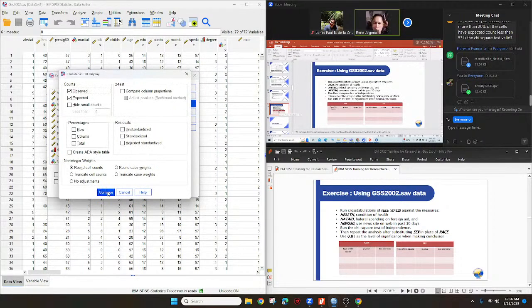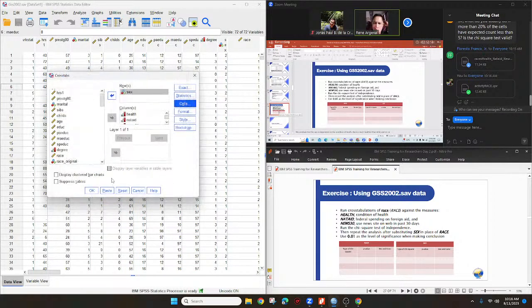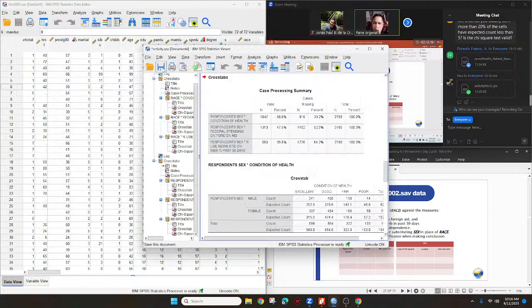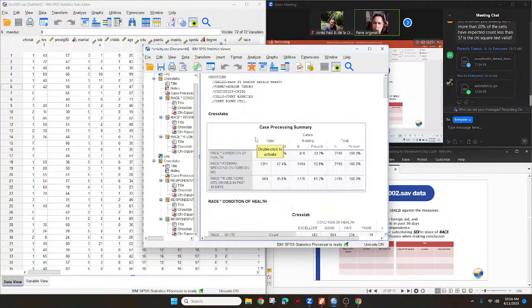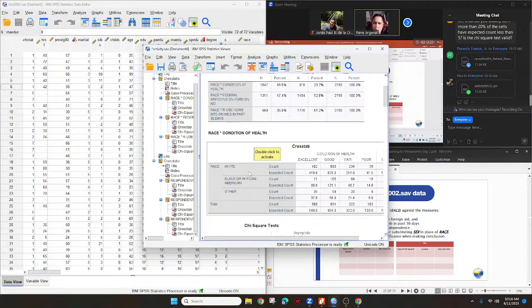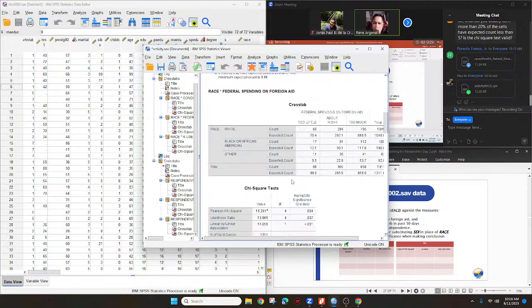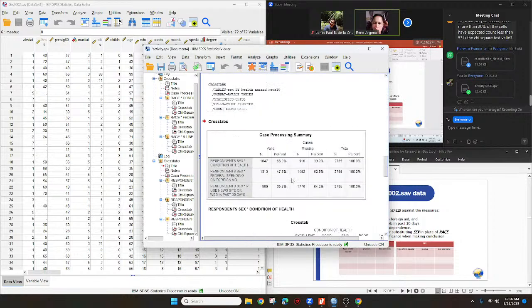When we come back, I would like you to present. I will choose from the chat box, especially the table presented in this form. I will choose two for race and two for sex.